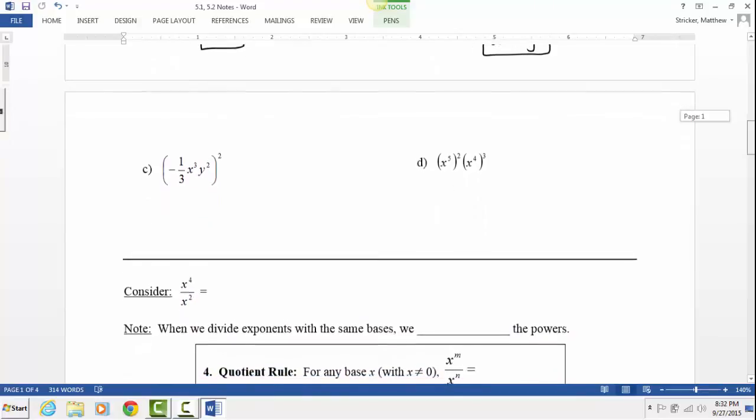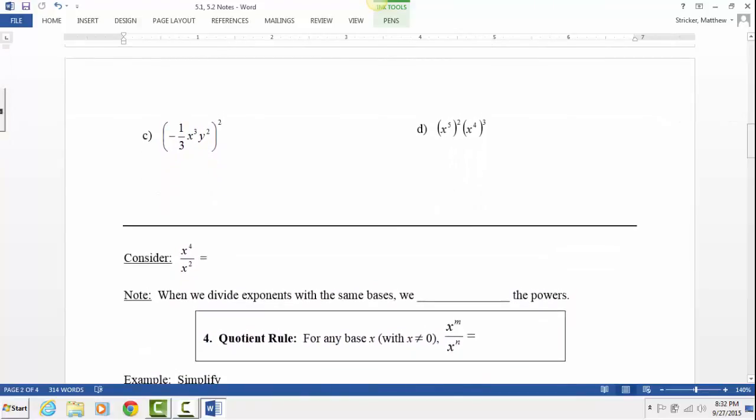A few more examples here. So we have another power of a product. This next one, remember, everything inside those parentheses is now going to be squared. So this is negative 1/3 squared. And then x to the 3rd has to be squared, and then y squared has to be squared.